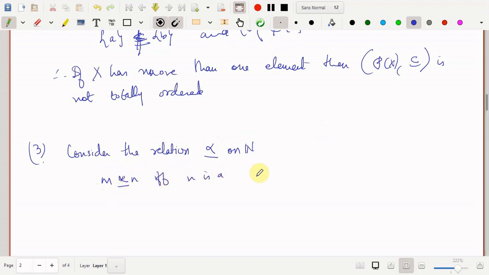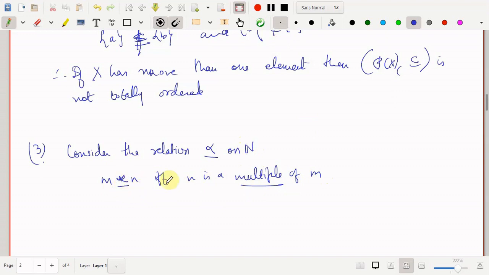I mean, in this case you can say that m divides n, or n is a multiple of m. Remember that it is defined on the set of natural numbers, so we use n is a multiple of m. So this relation: n is a multiple of itself, so we know that it is reflexive.